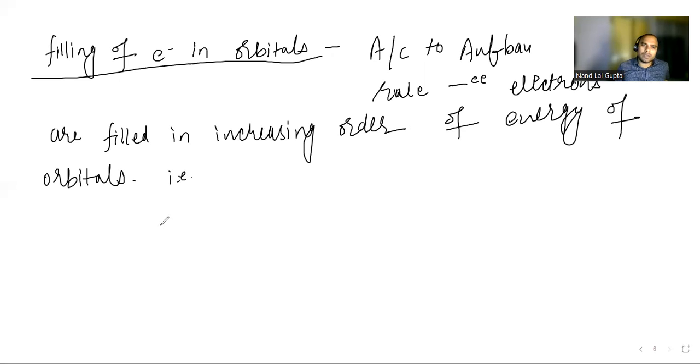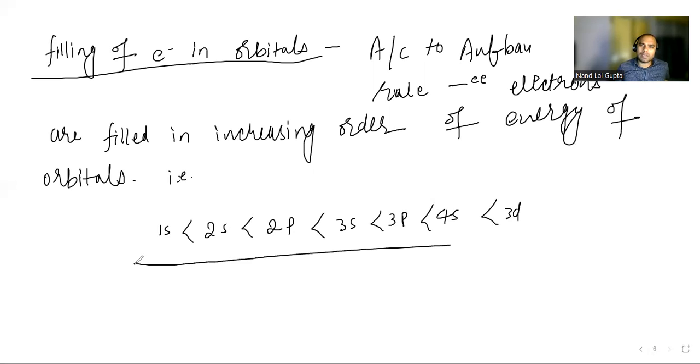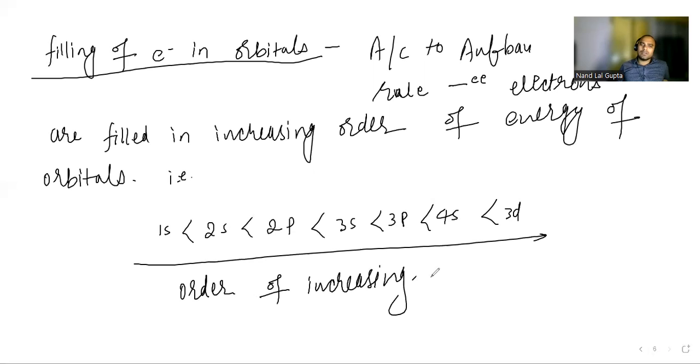Firstly the 1s orbital, then 2s, then 2p, then 3s, then 3p, then 4s, then 3d orbital. This is the order of increasing energy of orbitals. Got it? Increasing energy of orbitals.